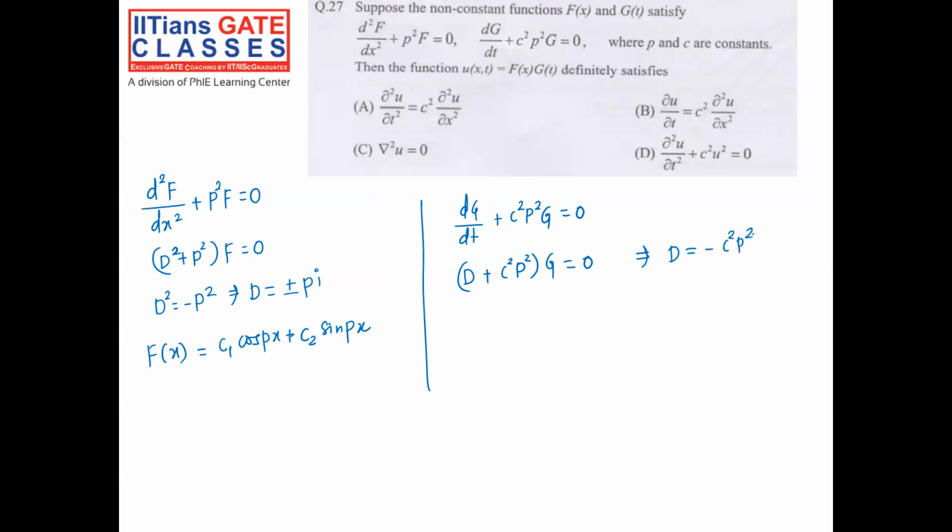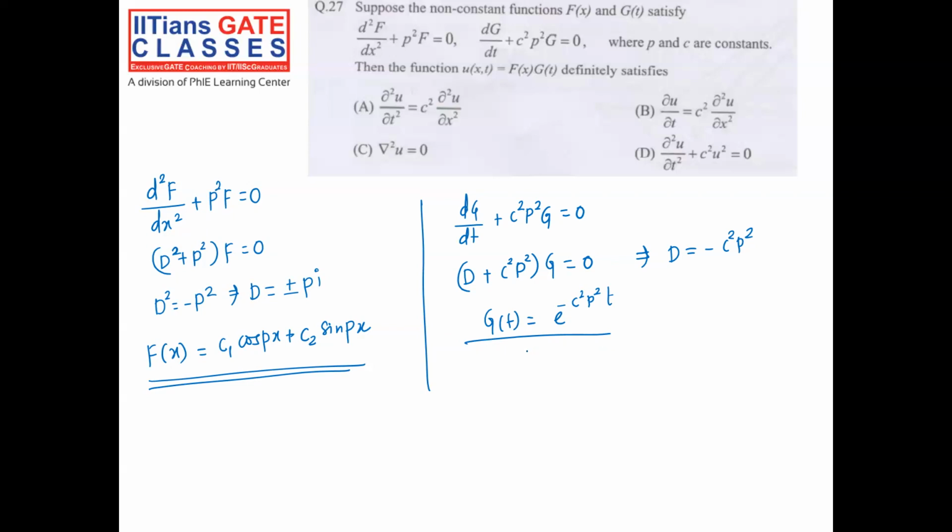Okay, and hence the g of t will be equal to e to the power minus c square p square t. Okay, so we got f of x now and we got g of t now.